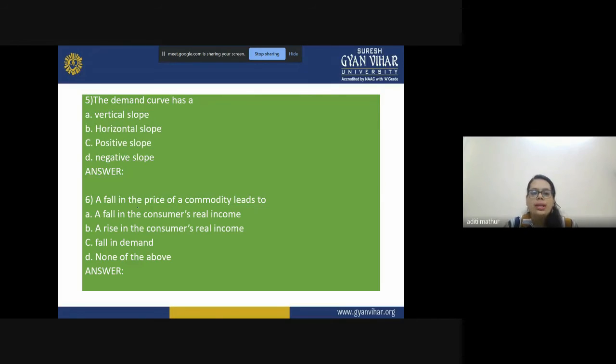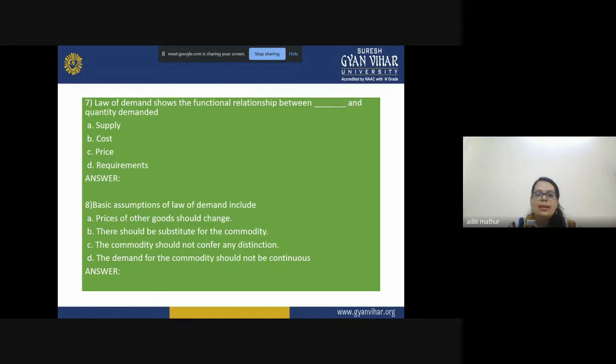In question number 6, you had to select the correct answer to what a fall in price of a commodity leads to. In question number 7, you had to identify the relationship between what and quantity demanded in the law of demand. In question number 8, you had to identify the basic assumption of the law of demand.